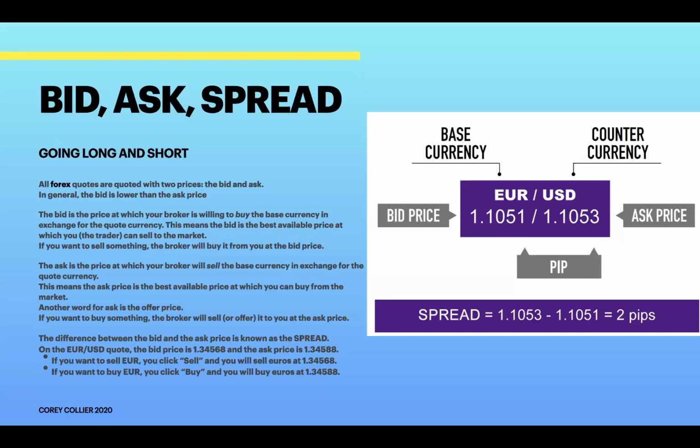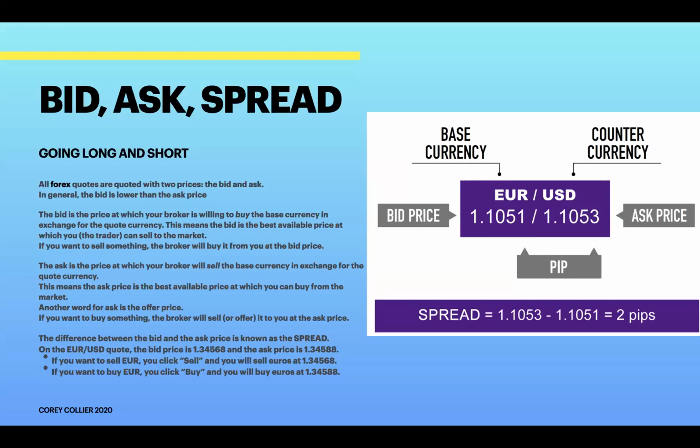The ask price is the price at which your broker will sell the base currency in exchange for the quote currency. This means that the ask price is the best available price at which you can buy from the market. Another word for an ask price is an offer. If you want to buy something, the broker will sell or offer it to you for the ask price.